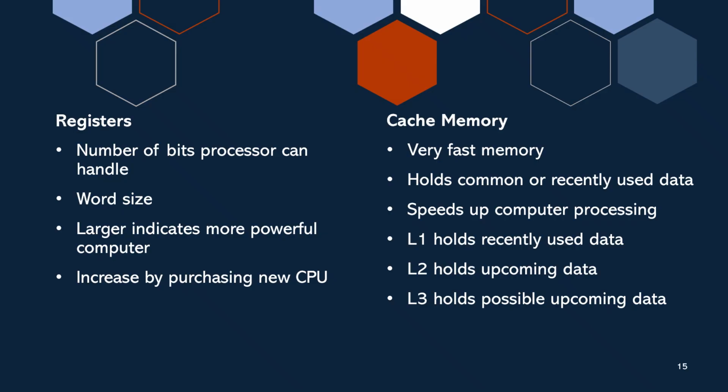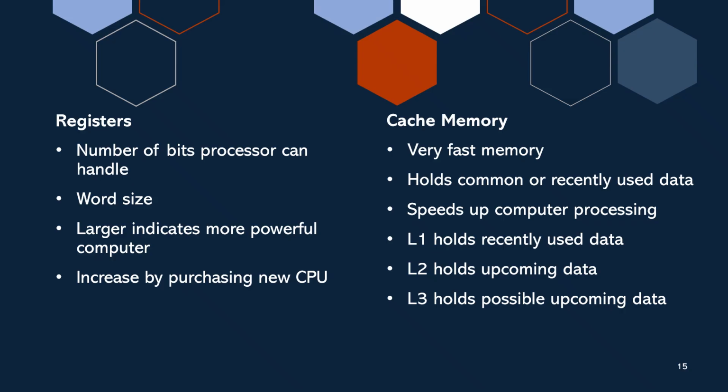You can increase your computer's processing power by purchasing a new CPU, or by adding, like, Core i7, Core i8, which are faster versions.